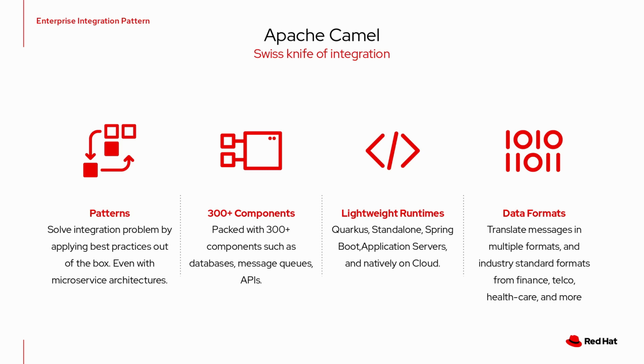Apache Camel consists of multiple enterprise integration patterns, which are ready-to-use building blocks for creating different integration solutions and implementing different integration scenarios.